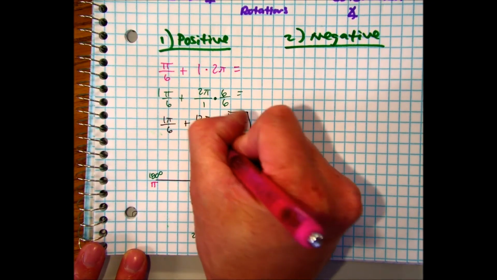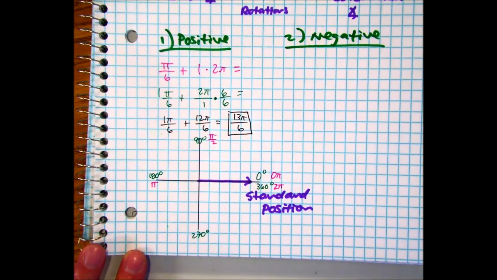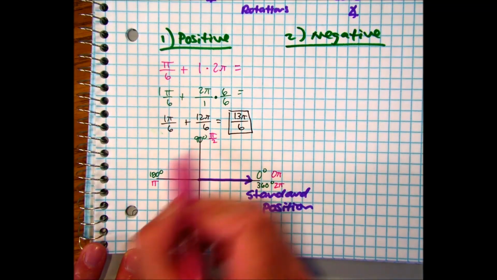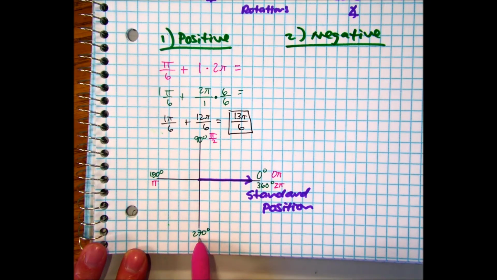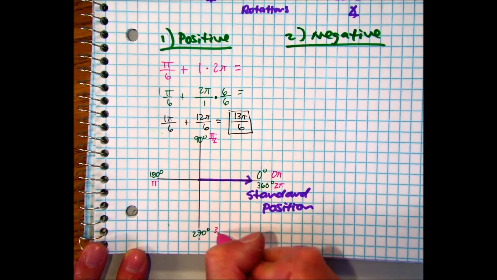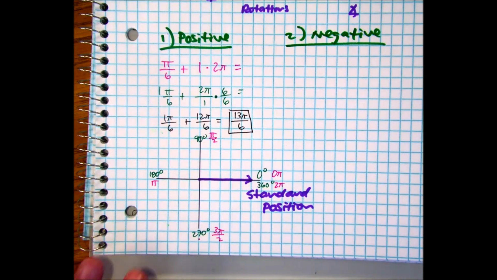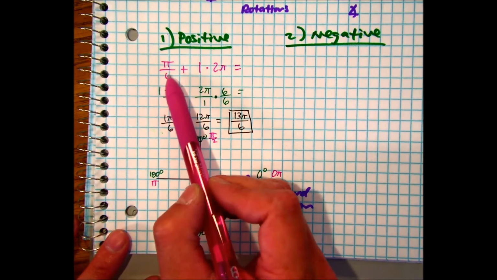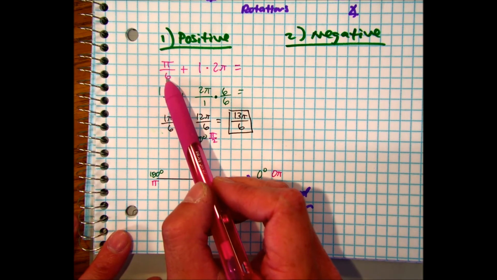So we call this pi over 2. 90 plus 180 gives me 270, so pi over 2 plus pi, or 2 pi over 2, equals 3 pi over 2.